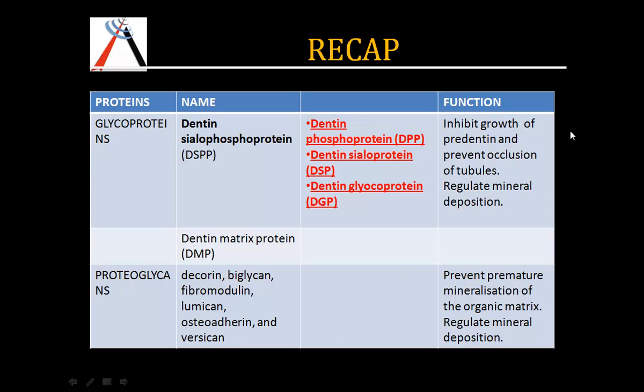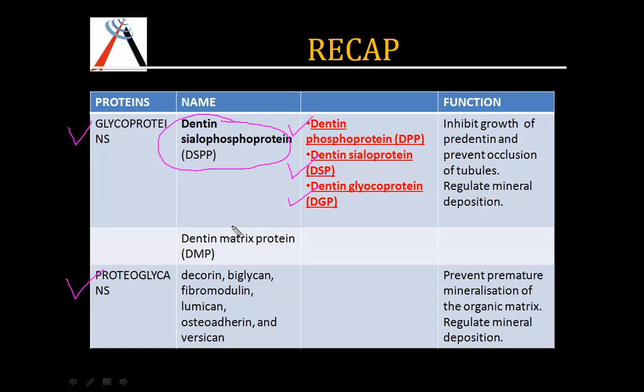A recap of the dentine proteins. These dentine proteins may either be glycoproteins or proteoglycans. Among the glycoproteins, the important ones are the dentine sialophosphoprotein, also known as the DSPP, which can be cleaved into 3 important functional proteins: the dentine phosphoprotein, the dentine sialoprotein, and the dentine glycoprotein.